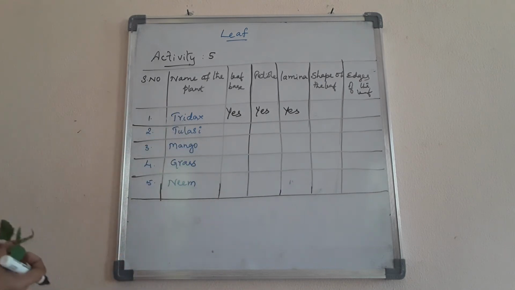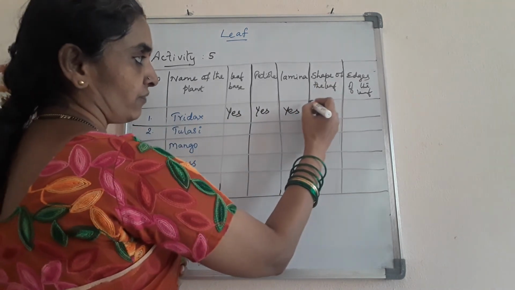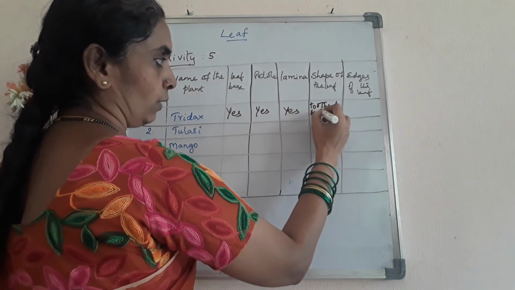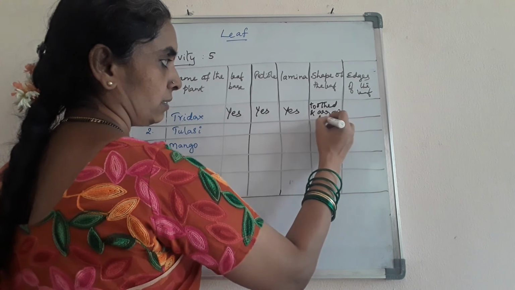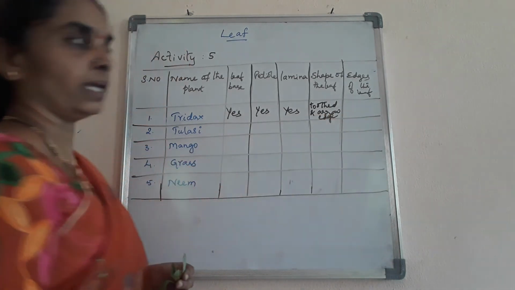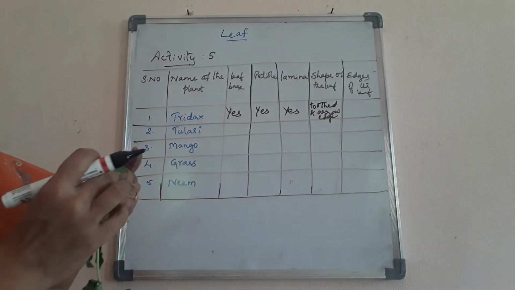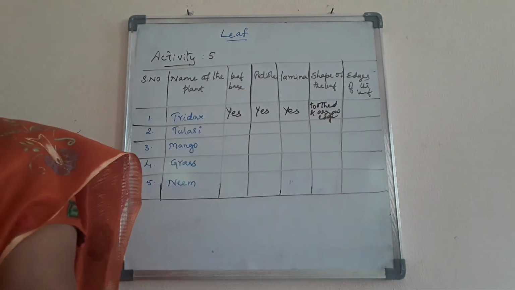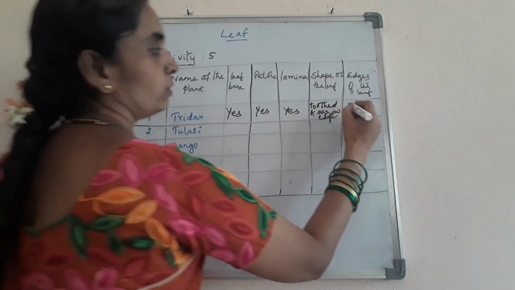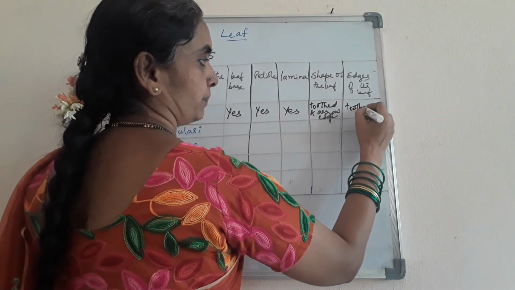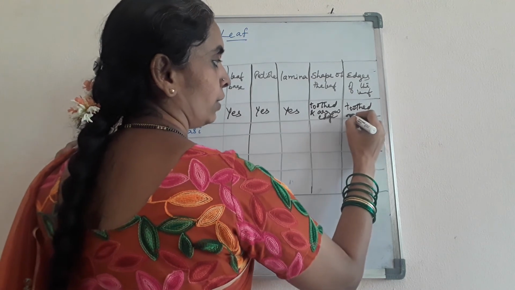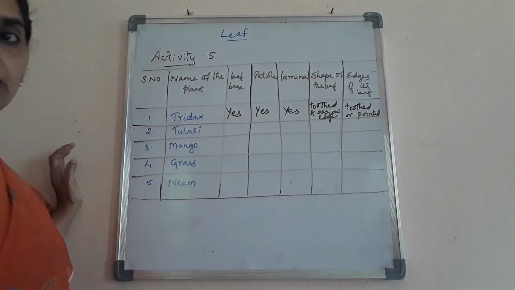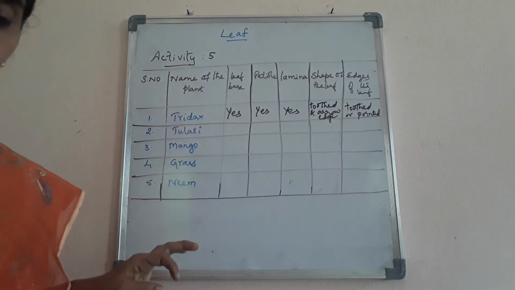So you can write the shape of the leaf is toothed and arrow edge. Okay, next the edges of the leaf. How are the edges of the leaf? They are serrated, or you can find toothed edges, you can write. Toothed or pointed. Okay, about the edges of the leaf. In the similar pattern, you have to write the others also.